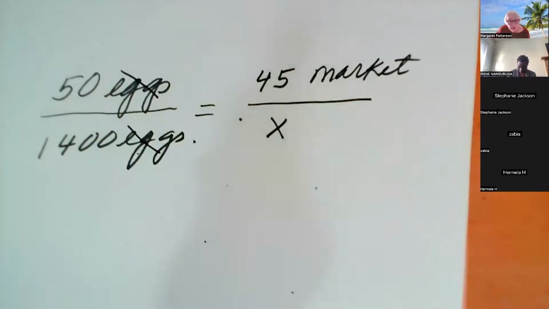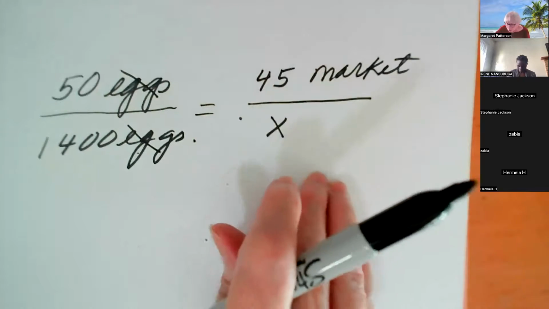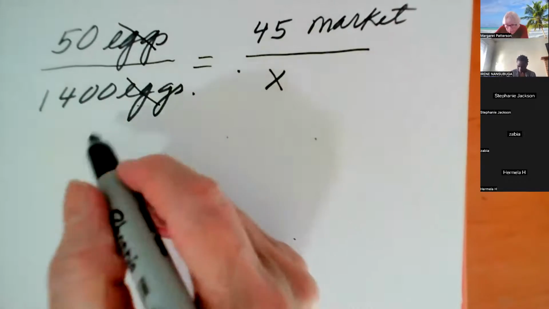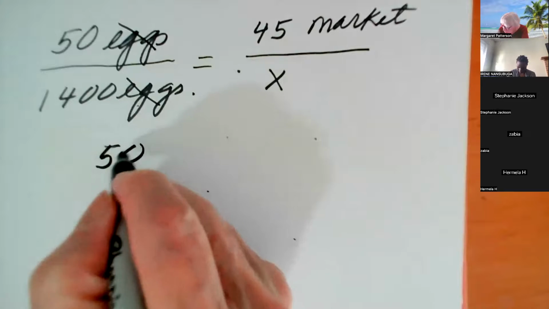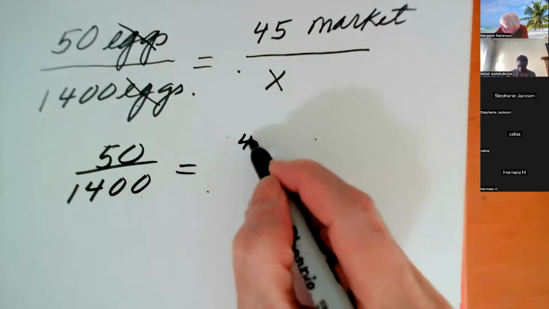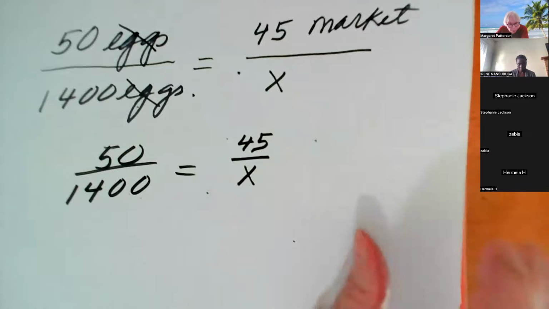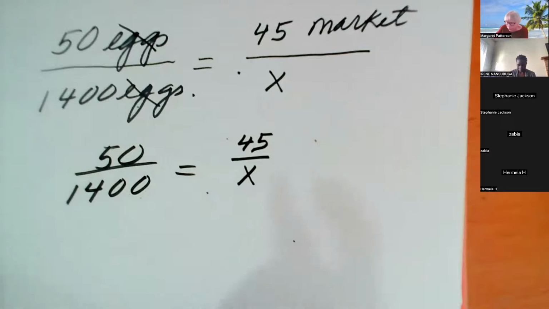Technically speaking, the word eggs cancels out, and what's left is how many can go to the market. So this is a good proportion, one fraction equal to another. If you don't like messes, then rewrite it like that. You don't like it, but it's correctly set up.